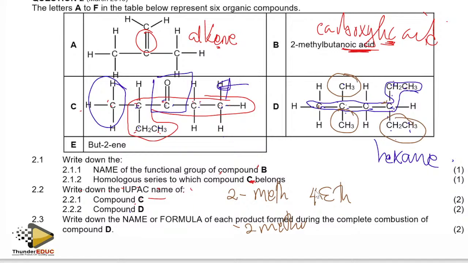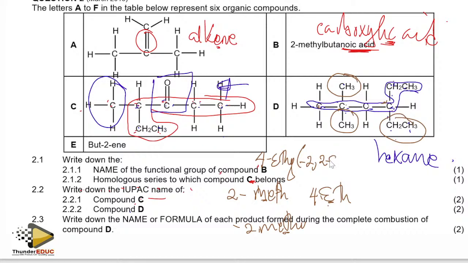Now I need to know which one comes first, E or M. You say A, B, C, D, E. E is first, you understand? Therefore, I will say 4-ethyl, then 2,2 because there are two of them and they are both methyl.